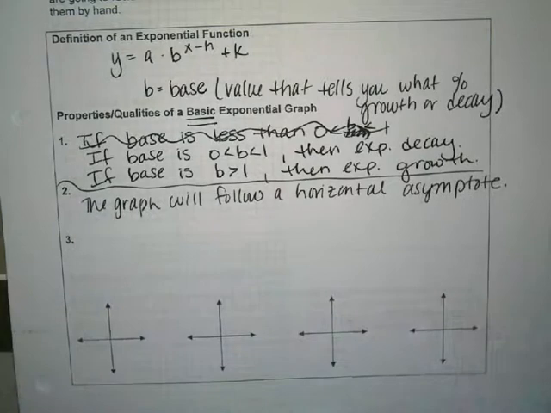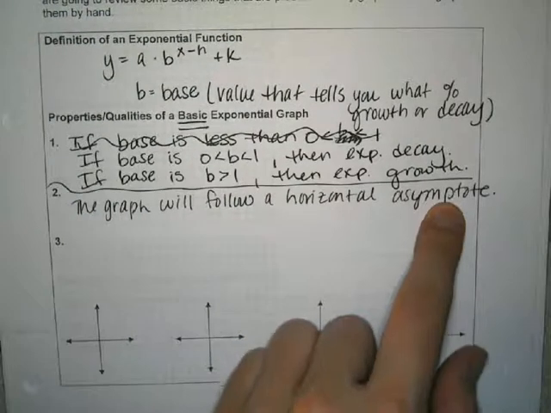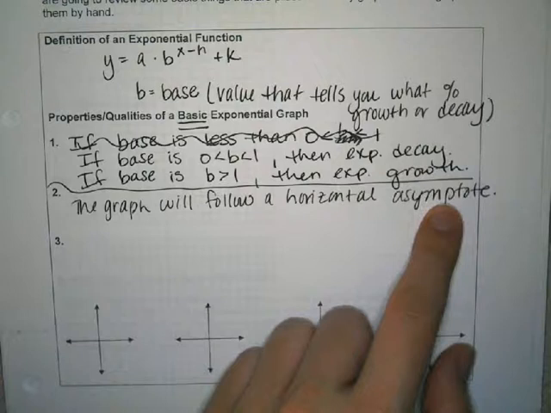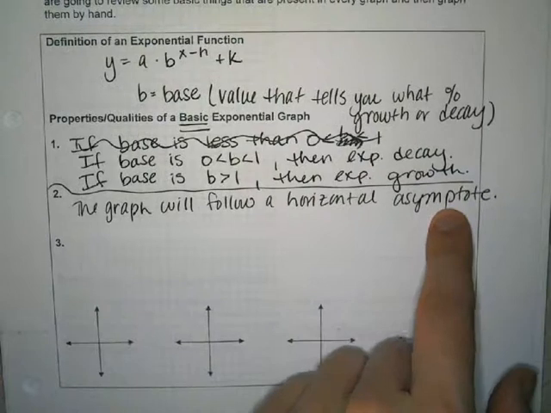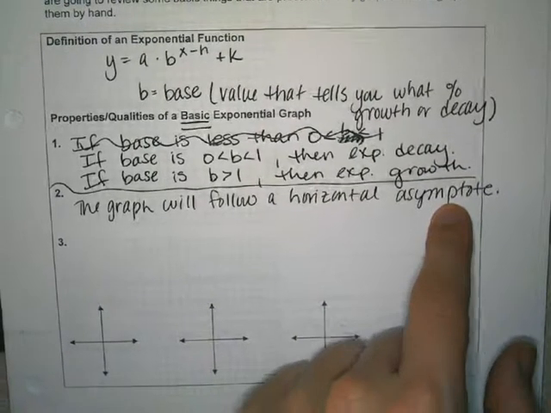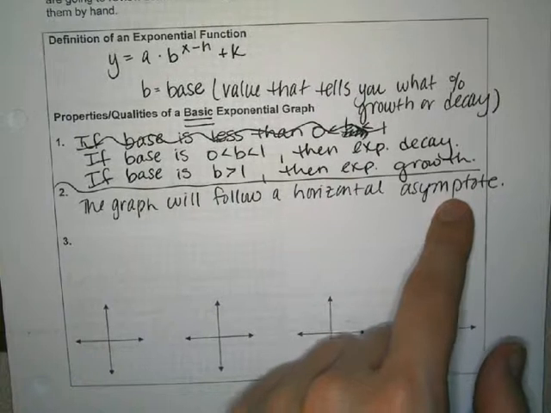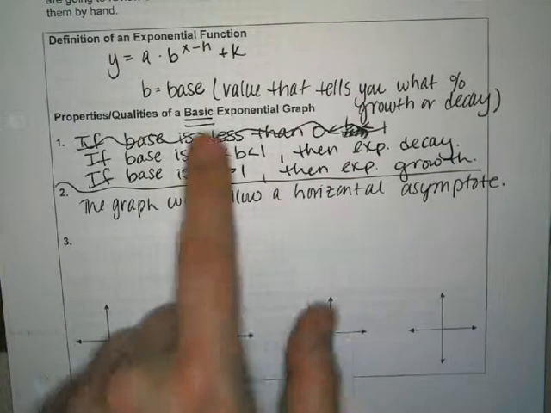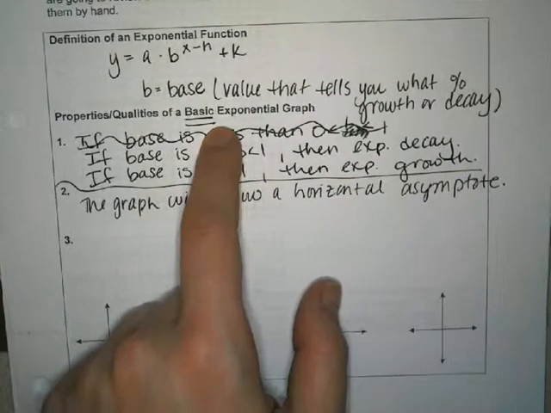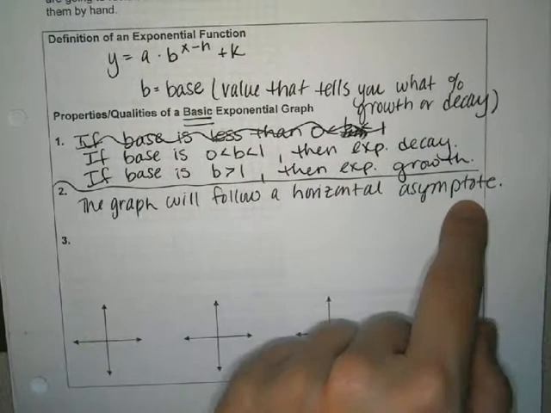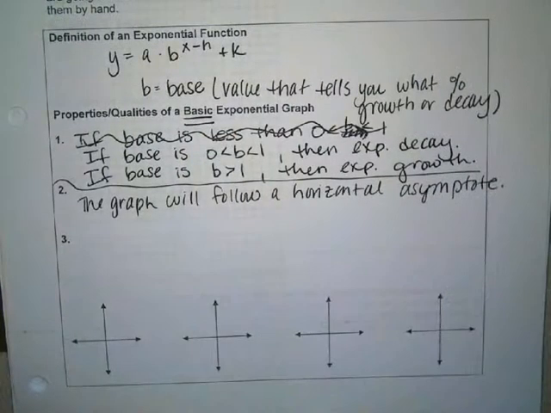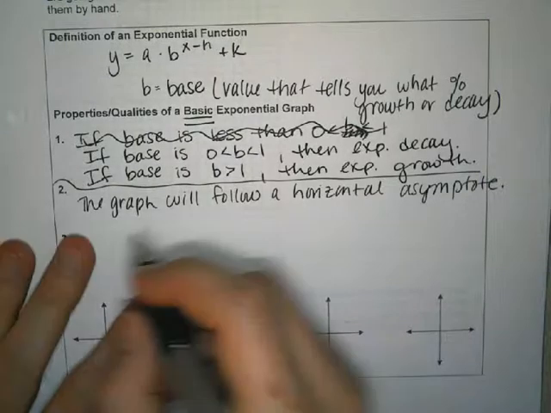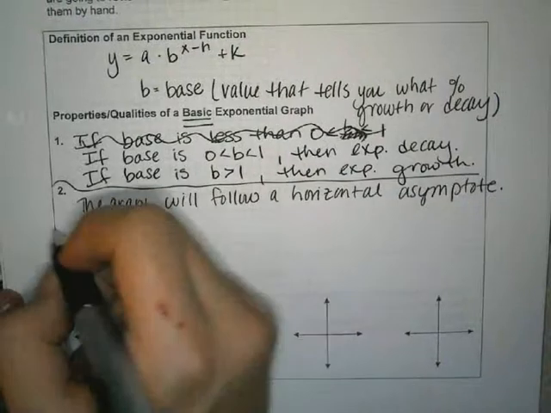Now, this is a phrase that you probably should remember from Algebra 1, but if you don't, an asymptote is like an invisible fence or boundary that the graph does not cross. If you're working with a basic exponential graph that doesn't shift up or down, then your asymptote is the x-axis and just kind of follows the x-axis forever and ever, but never actually crosses it. And again, we'll get into more why that happens in a later section.